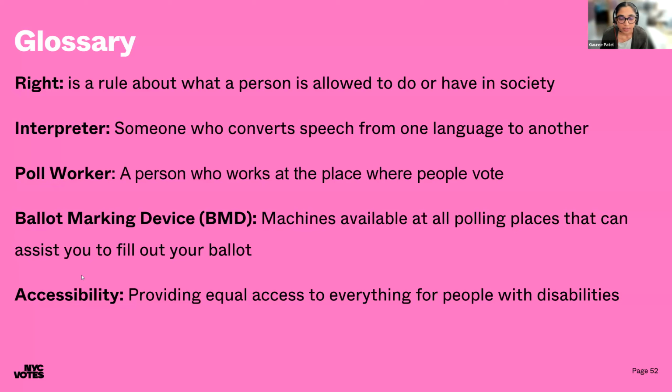A poll worker is someone at the poll site that can help people fill out their ballots and direct folks at the poll site. A ballot marking device is a machine available at the poll site that can assist folks to fill out their ballot. And accessibility is providing equal access to everything for people with disabilities throughout the voting process.